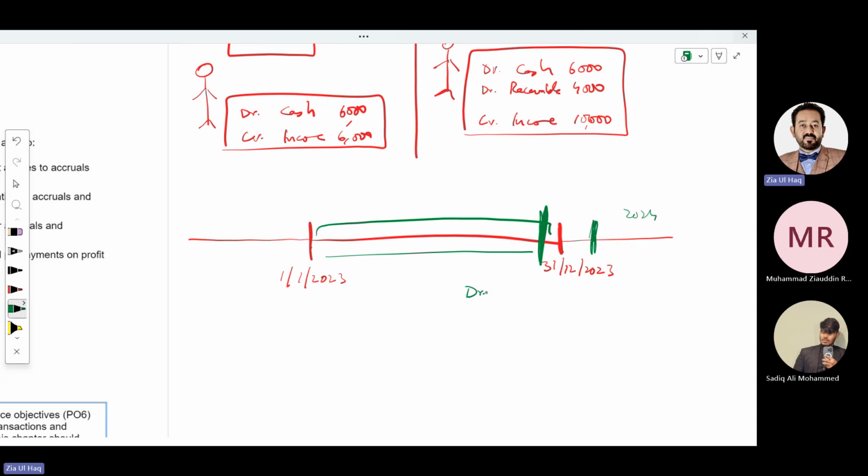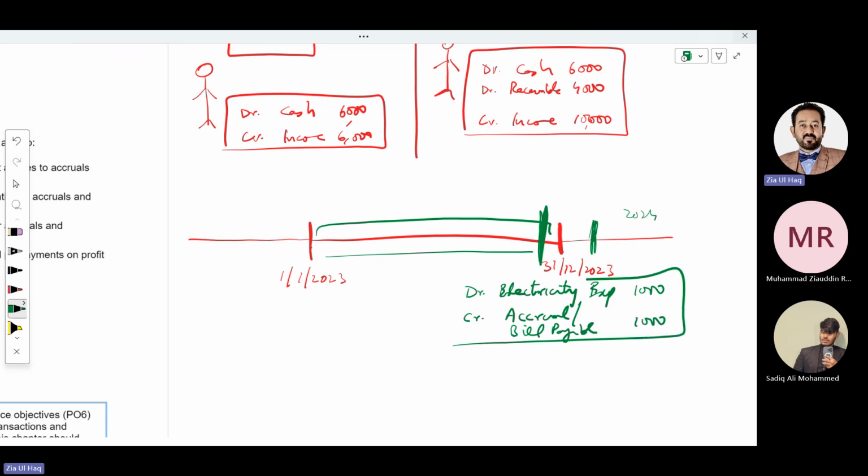We will record debit electricity expense, say 1000, and credit accruals, or we can say electricity bill payable, with 1000. This is called accrual based accounting.